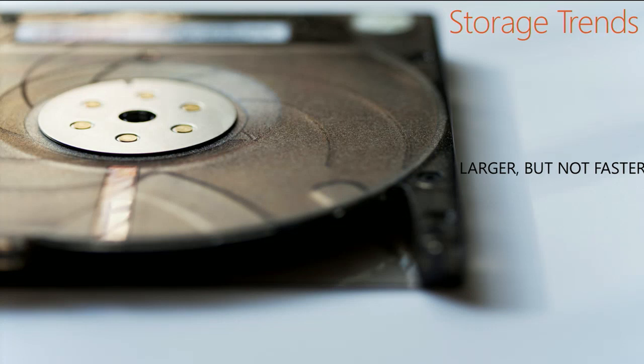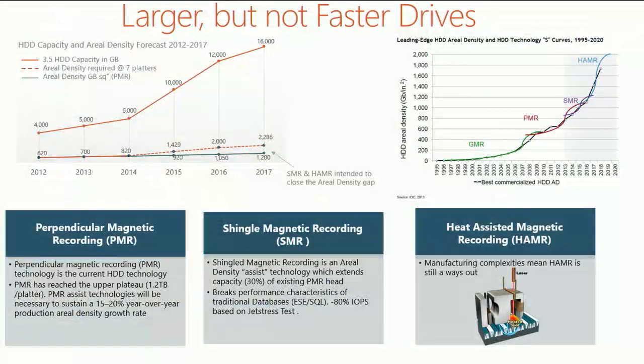So that's one trend. Another trend around larger but not faster drives is areal density is slowing. We talk about 6 terabyte, 8 terabyte, 10 terabyte drives, and these things are huge. But if you actually look beyond that, what you find is the amount of bits that the hard drive manufacturers are able to put on each one of the platters is slowing.